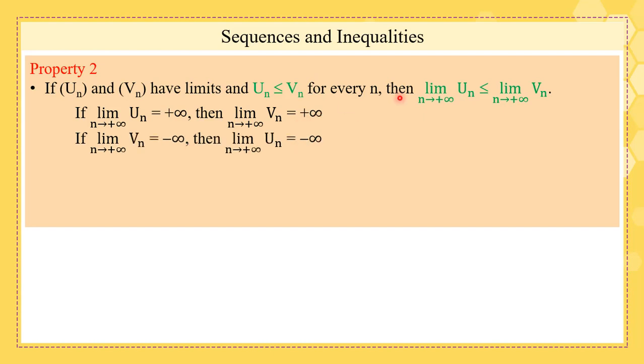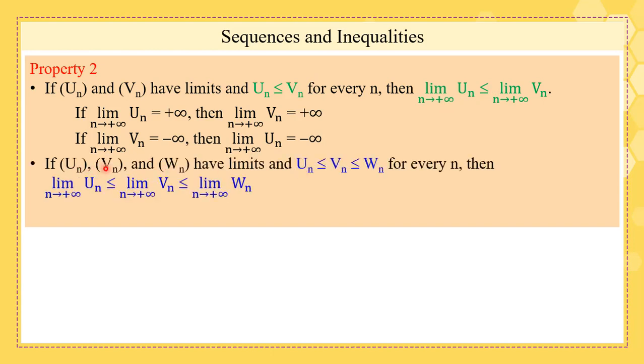And if the limit of Vn is negative infinity, and Un is less than Vn, the limit of Un is less than negative infinity, and less than negative infinity is going to be negative infinity. These two properties are called the neighborhood properties. So, in general, greater than plus infinity is plus infinity, and smaller than negative infinity is negative infinity.